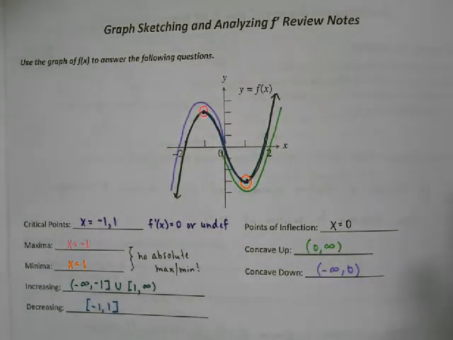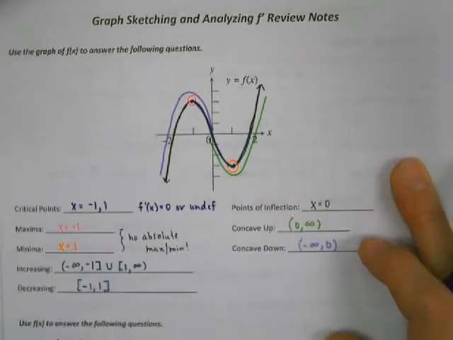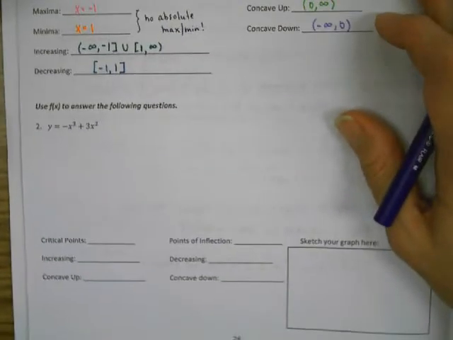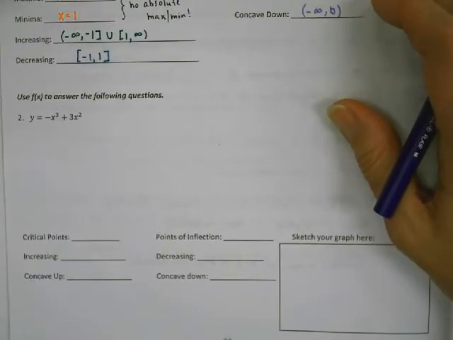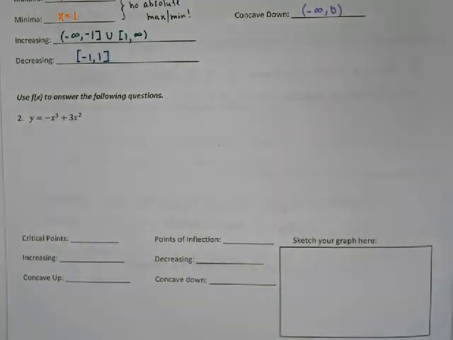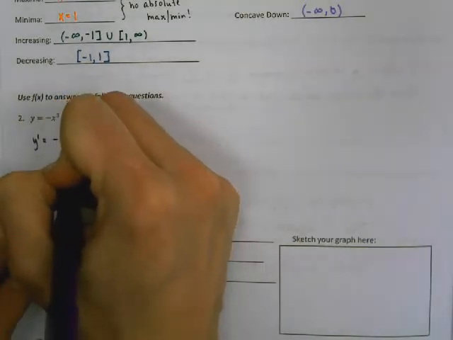So from there we moved on, and instead of being given the graph, we were given the equation of our function. So we still had to answer all the same questions. And so we started out by looking at our critical points. And again, we know that's where the derivative is equal to 0 or it's undefined. So the first thing we did was calculate our derivative.